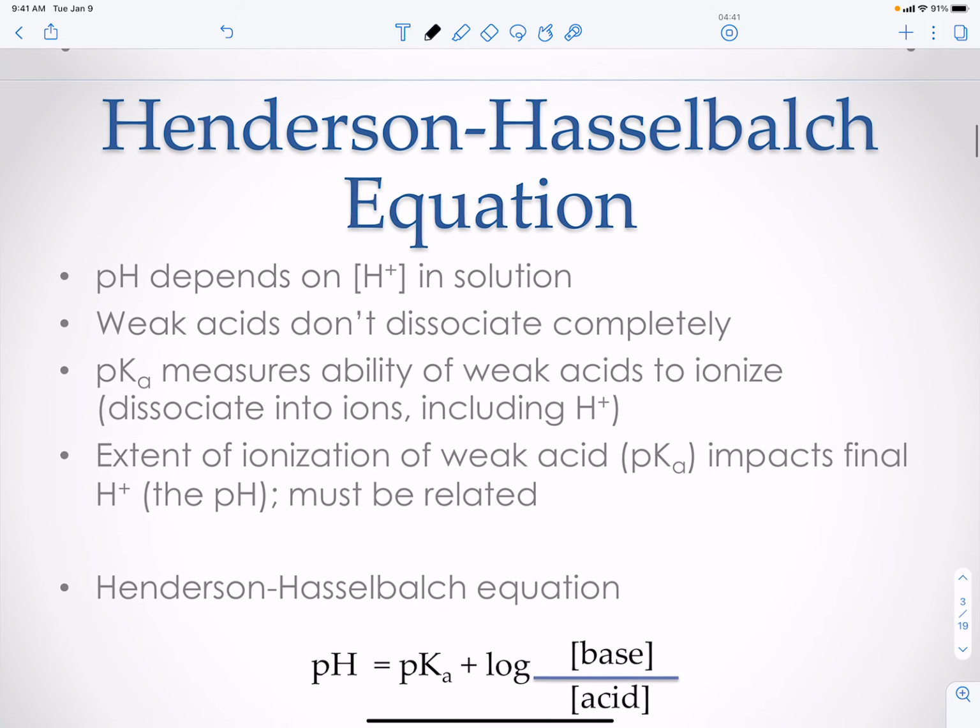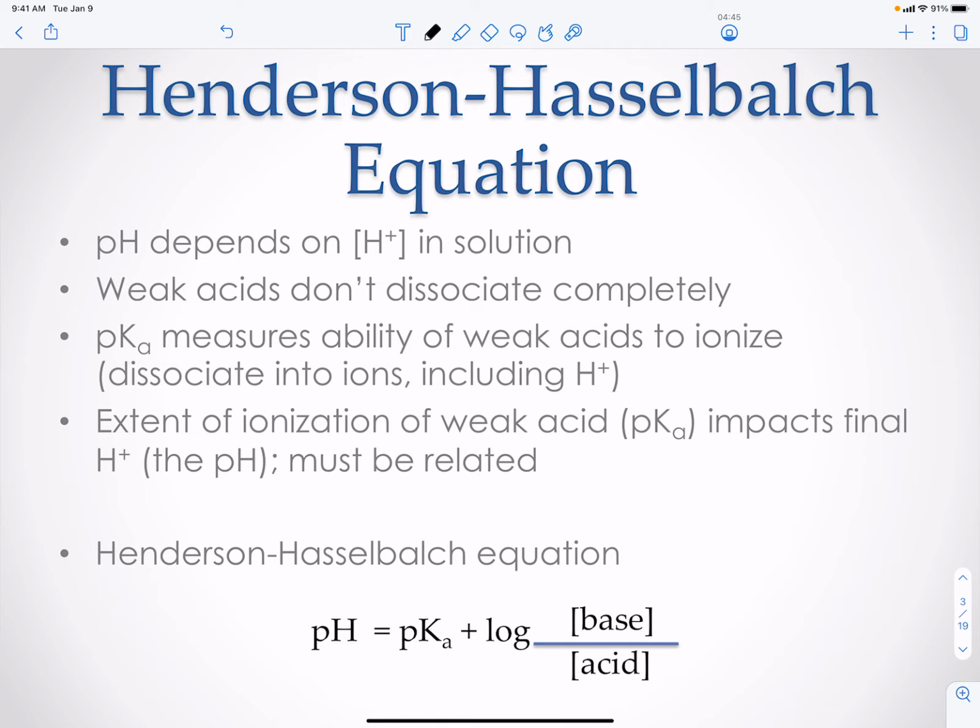Okay, so now we have the Henderson-Hasselbalch equation, and the Henderson-Hasselbalch equation is going to help to estimate the pH of a buffer solution. So it's also going to be able to find the equilibrium pH in an acid-base reaction.